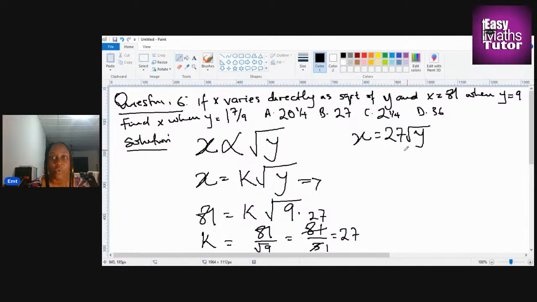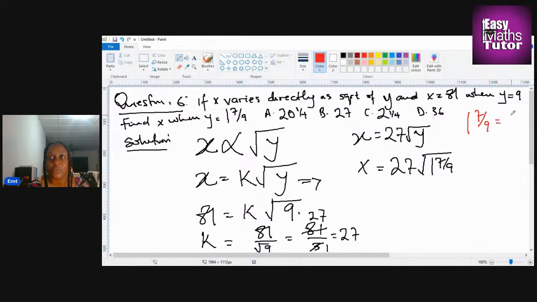So we're asked to find x when y is one whole number 7 over 9. So we ought to convert one whole number 7 over 9 to an improper fraction.